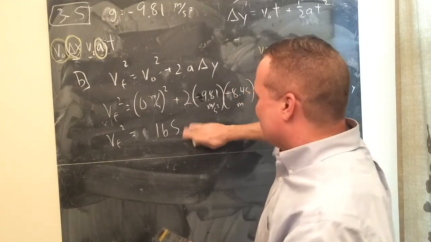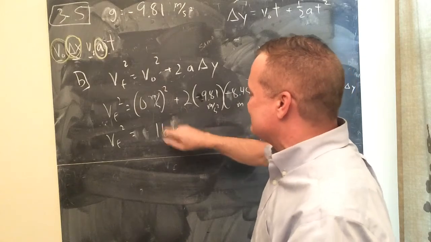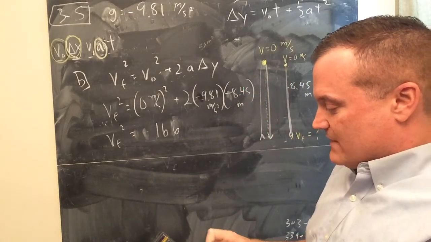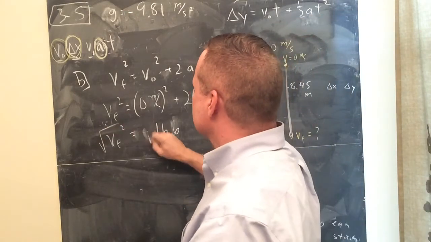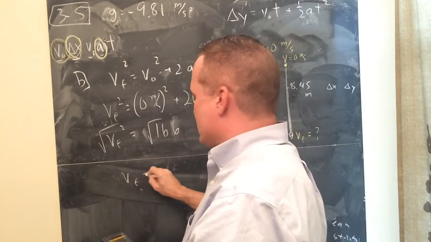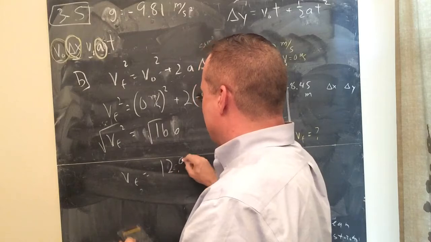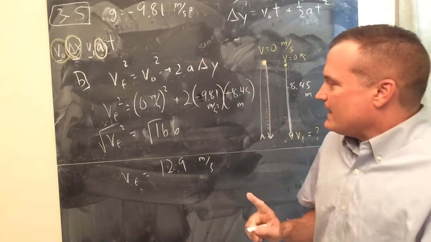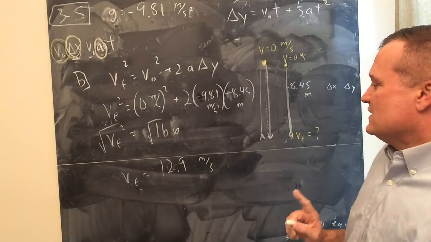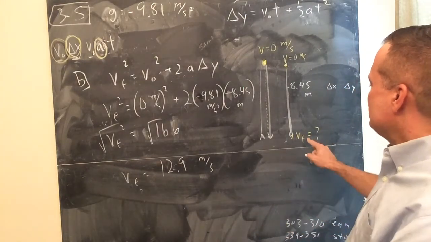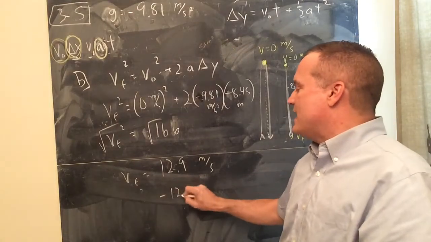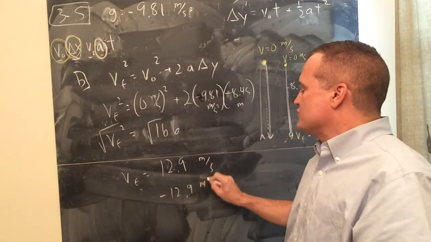And now that I look closely, it's really more like 166, because 165.7. So get the square root of this side, which equals the square of this side. So V final is 12.9 meters per second. So it tells me a couple of things. First, it tells me your final velocity, really, you should say the final velocity is negative 12.9 because you're coming down.